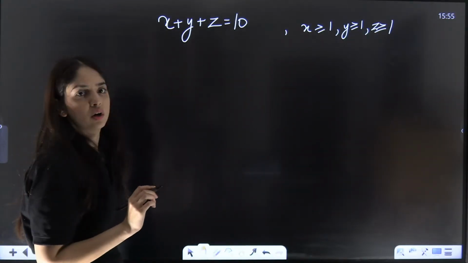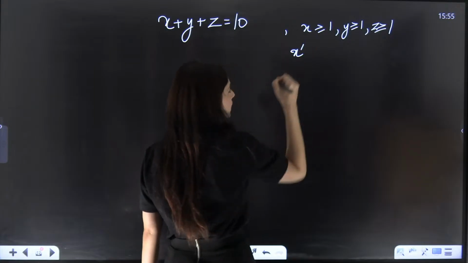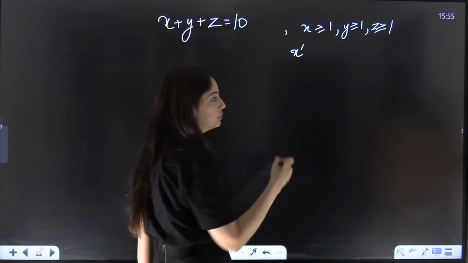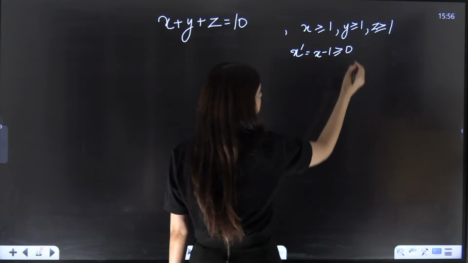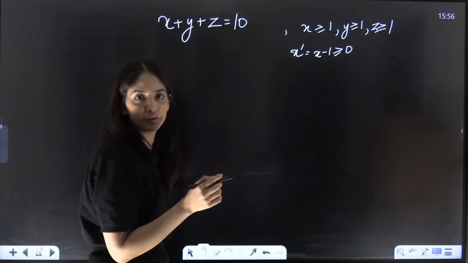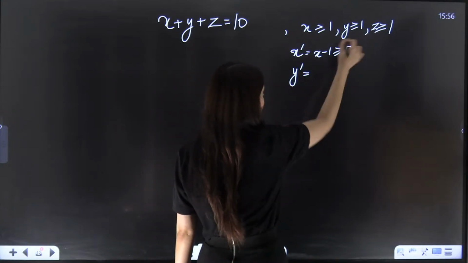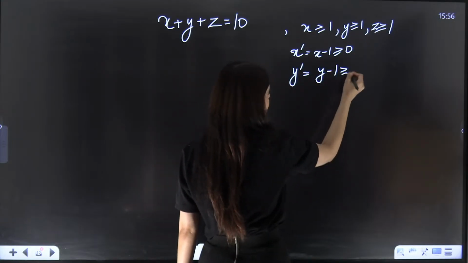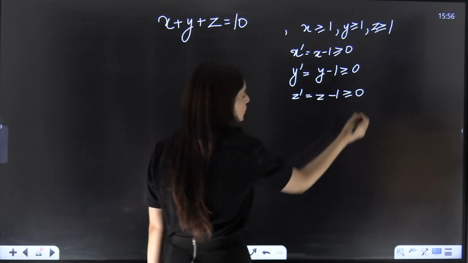So now we take a new variable x dash, which is equal to x minus 1. Now this is greater than or equal to 0, right? Y dash, we also take y minus 1, which is also greater than or equal to 0, z dash, which is z minus 1, this is also greater than or equal to 0.